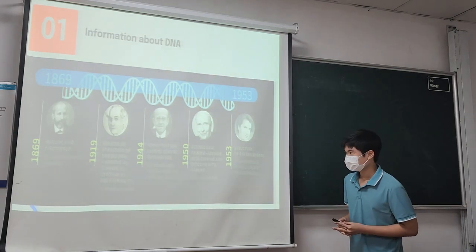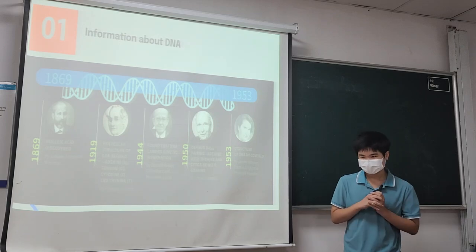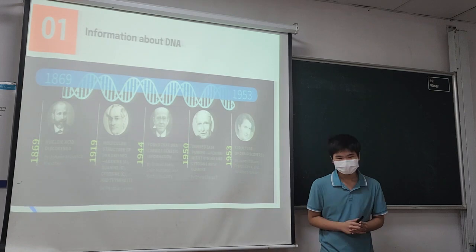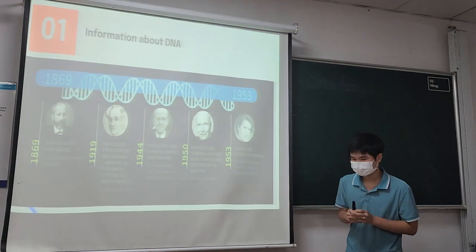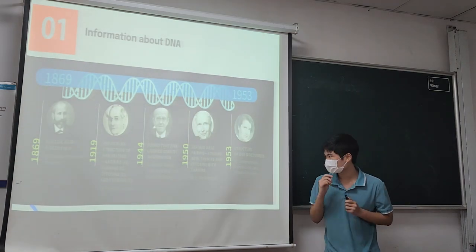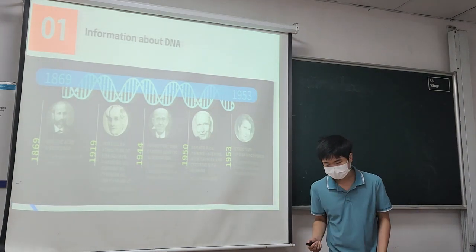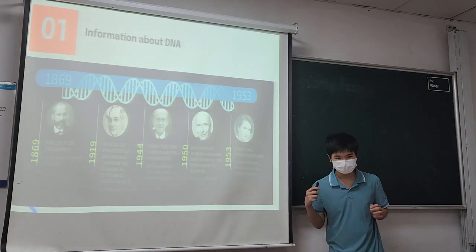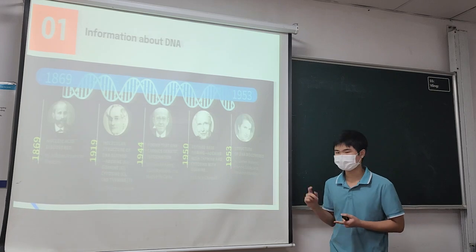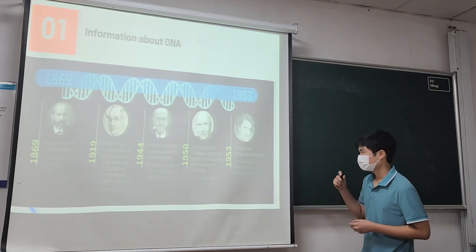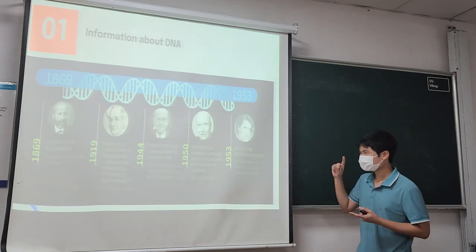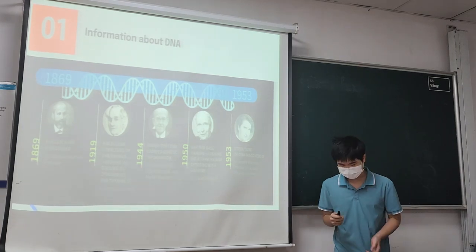And in the middle of the 19th century, Edwin defined the base pairing. And lastly in 1953, just 3 years after Edwin defined the base pairing, another 3 scientists discovered the structure of DNA.